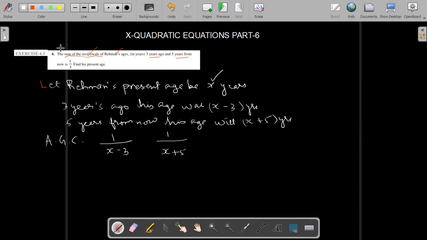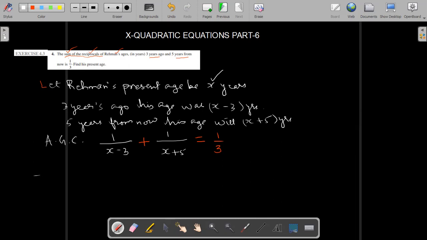And their sum is equal to 1/3, as given in the question. Okay, so we got the equation.